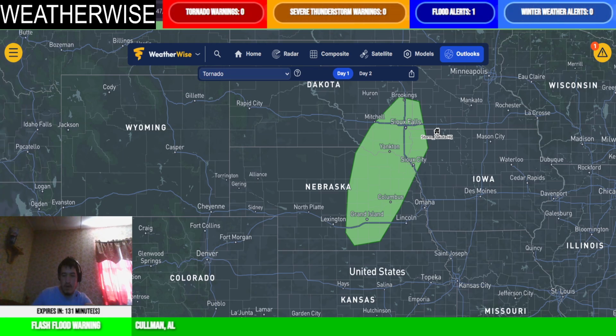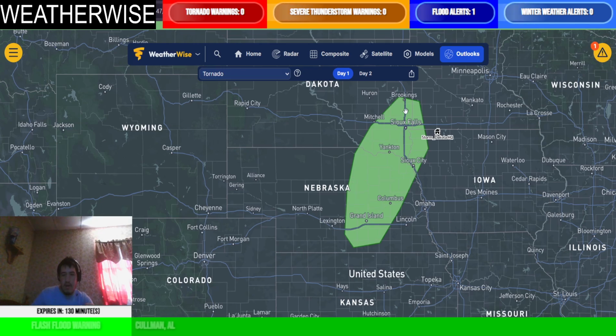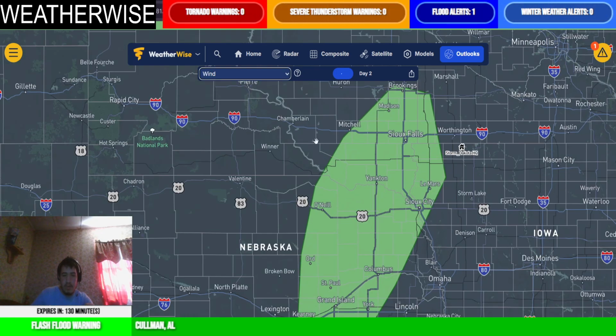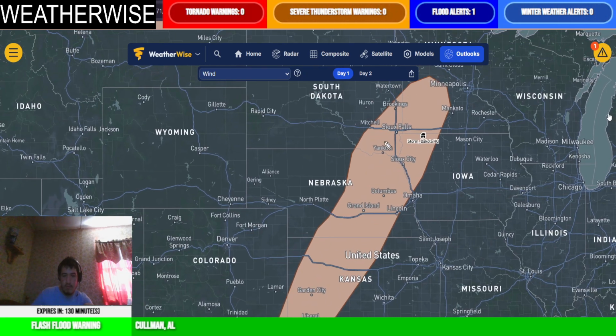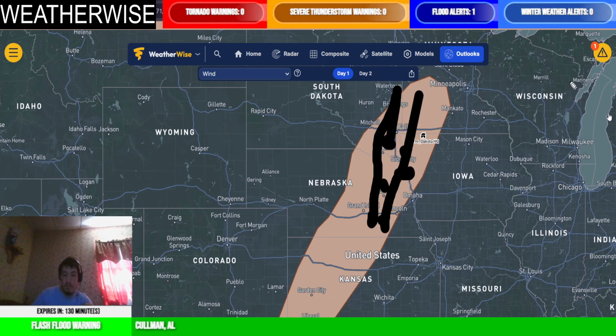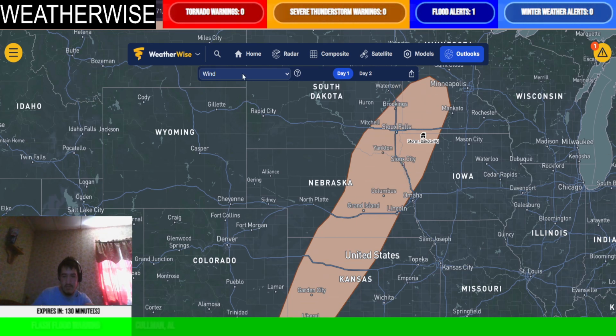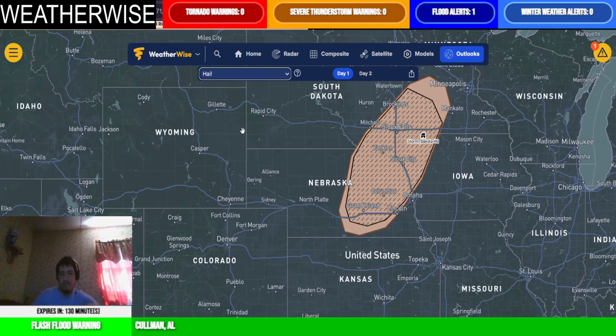Oops, sorry about that. Then our wind threat is actually the same thing. You'd be seeing the same thing like that, if sig 1, dashed lines, and then sig 2 lines. And I don't know what sig 3 is. I've never seen sig 3 yet, because we haven't really had a significant outbreak.